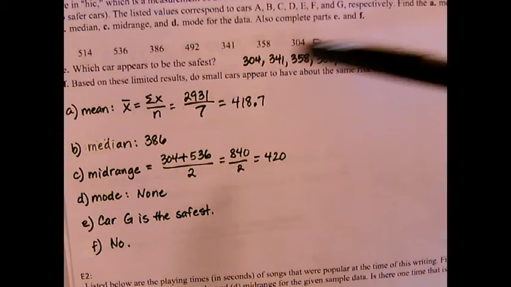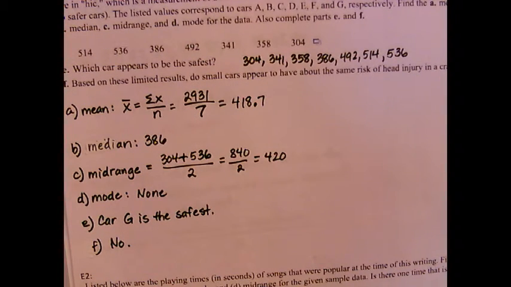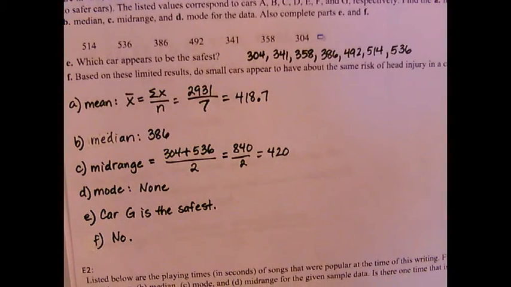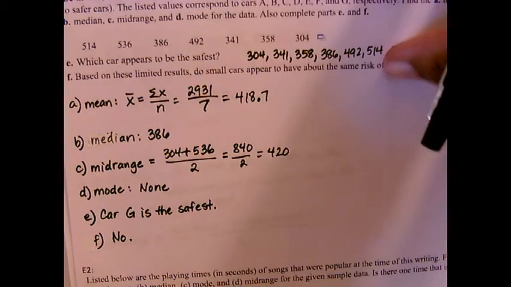You have a low value of 304 and then the high value of 536. There is a big gap in between those two data values. So no, those small cars do not appear to have the same risk. Okay, so that's how you find the mean, median, mode and the mid-range of a set of data.